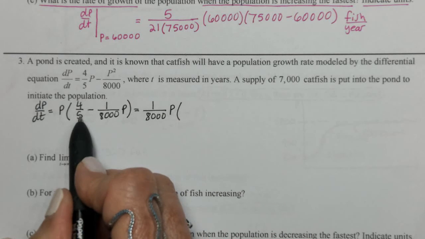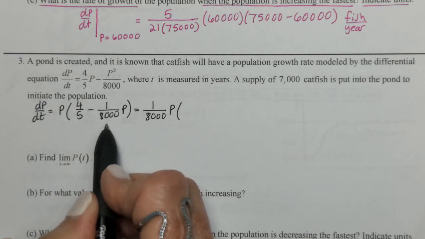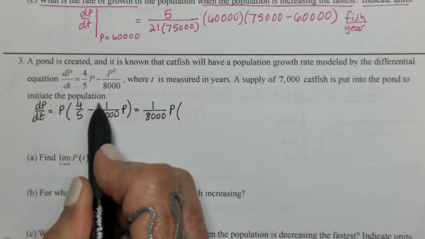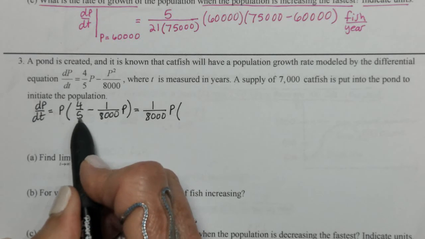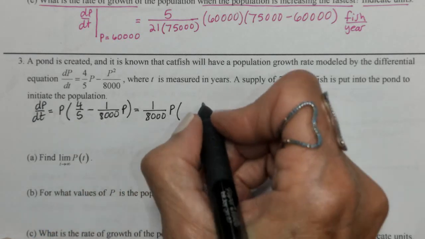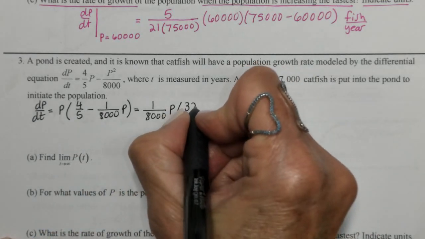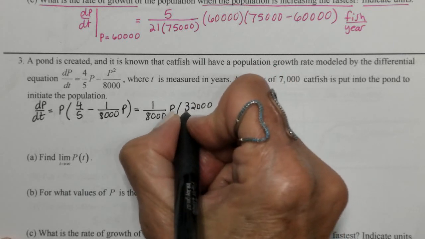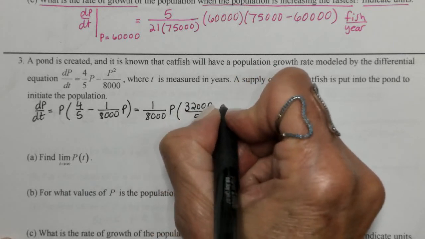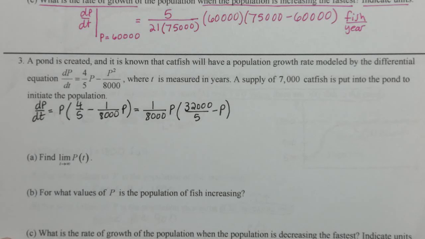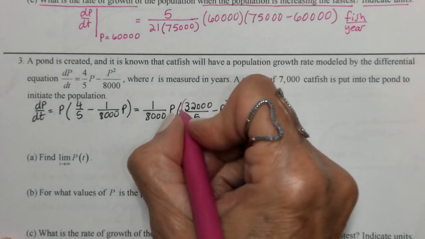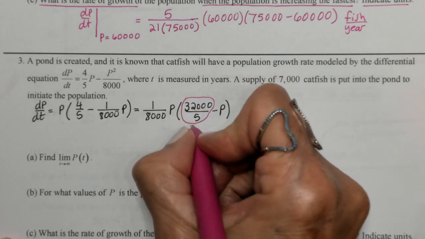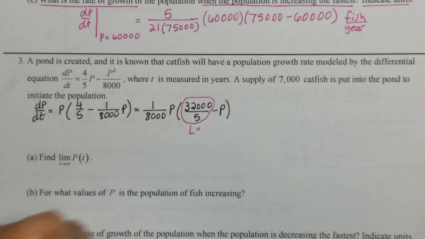Okay, 4/5 divided by 1 over 8,000 will be 4 times 8,000 divided by 5, so 32,000 divided by 5. Okay, so this is our L value, and L is 32,000 over 5.